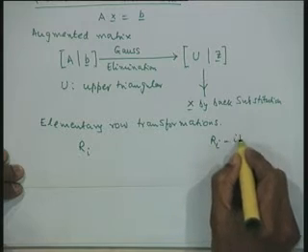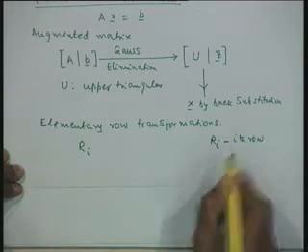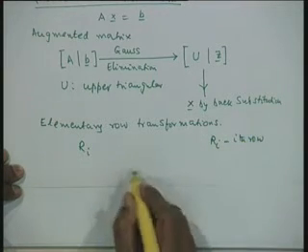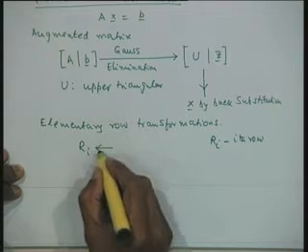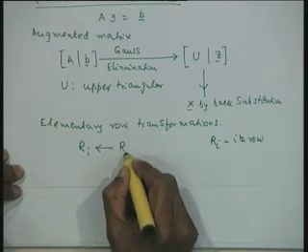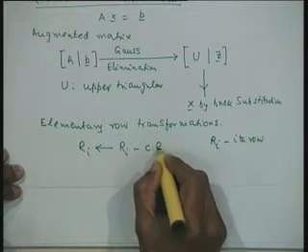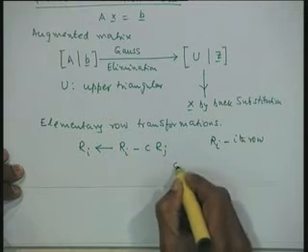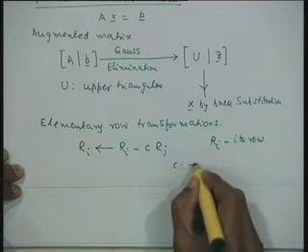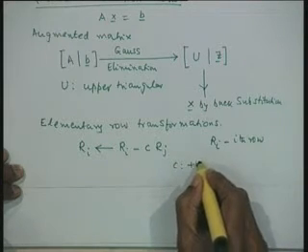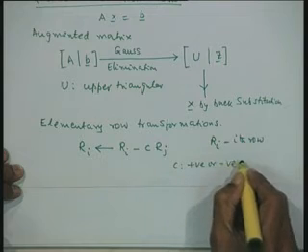That means, if I describe Ri as the ith row, then Ri gets replaced by Ri minus C Rj, where C is a positive or negative constant.